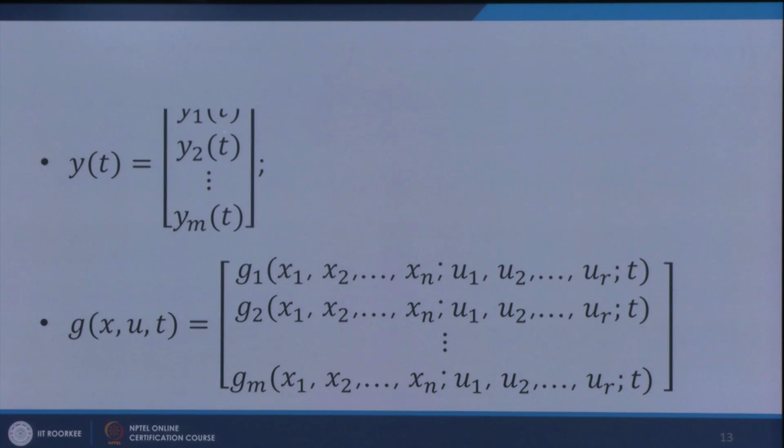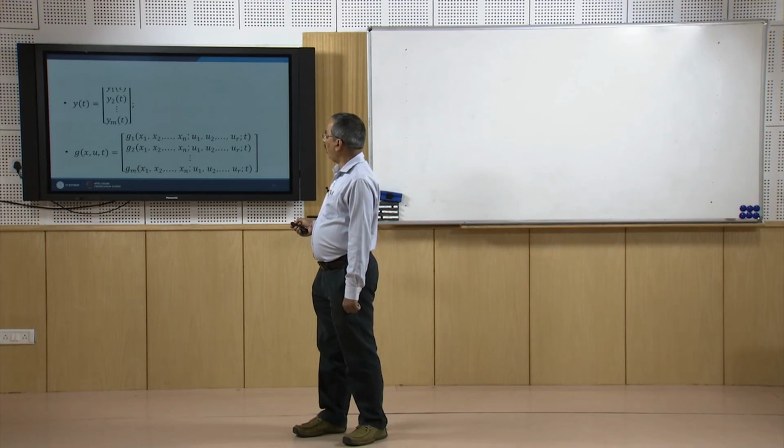Then for the output vector I define y1, y2, ..., ym, and g, which is a function of states, inputs and time, if I define it like this, g1, g2, ..., gm, of all the states, all the inputs and time.